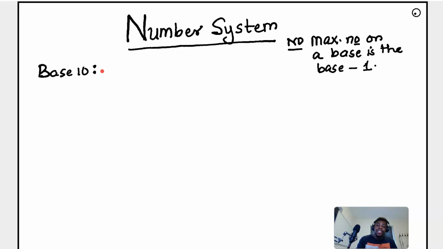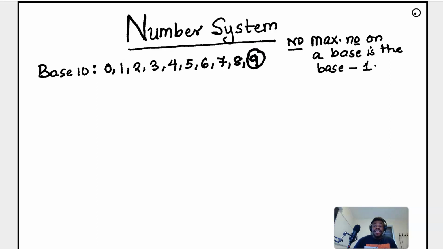So what are the ranges of numbers you can have on base 10? 0, 1, 2, 3, 4, 5, 6, 7, 8, 9. 9 is the highest number you can have on base 10. Let's go to base 9. What is the highest number you can have on base 9?